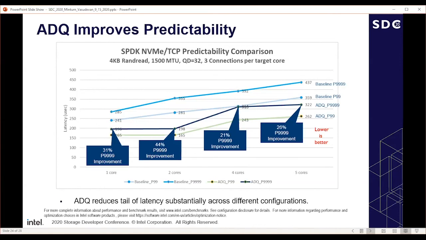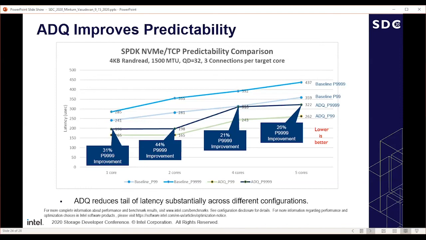So as you can see in this picture, you can see the same data that was plotted in the previous one in terms of throughput and average latency. Here it shows the P99 and the P49 latencies for ADQ and baseline.